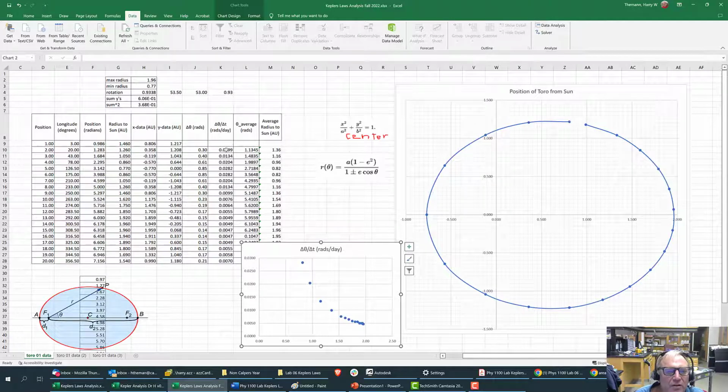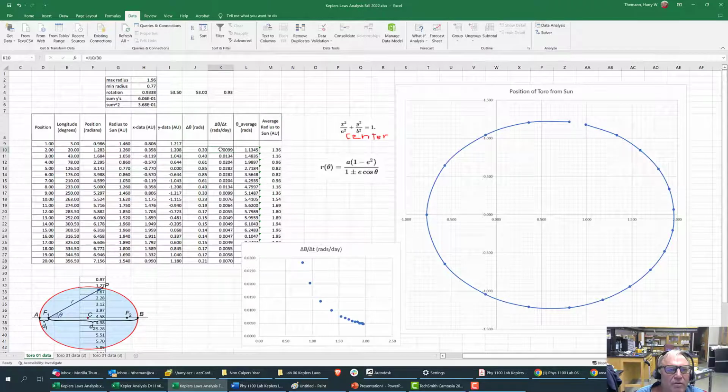Because I know the delta time is always 30 days, I got the delta theta for each pair of points divided by 30 to get the number of radians per day, and then I used the average value of the two radius points to get the average radius in that interval, and that's sort of like the speed at the midpoint.